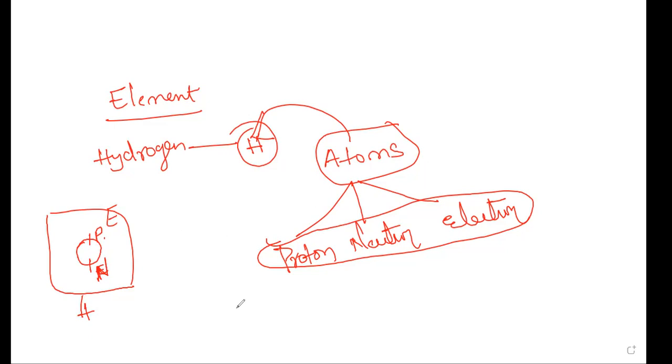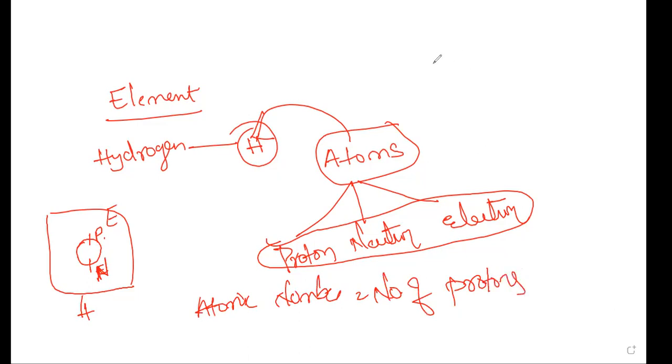So atomic number depends upon how many protons there are. Okay, so this is one thing. Second thing is atomic weight depends upon how many neutrons there are.